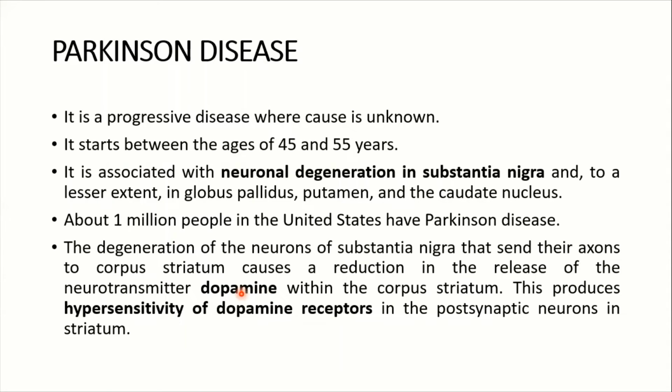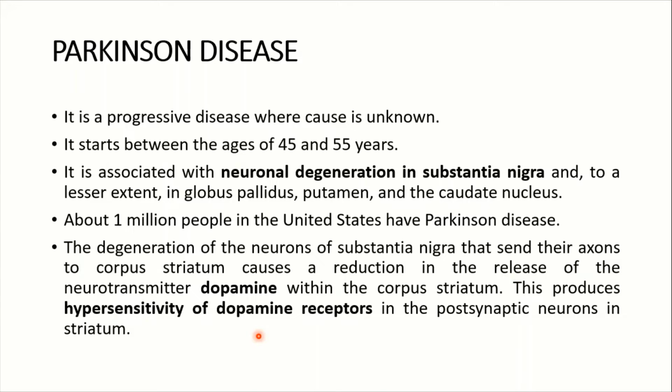So this is decreased, right, within the corpus striatum. This produces hypersensitivity of dopamine receptors in the postsynaptic neurons in striatum. This is very important, this portion, and I discuss it again, that there occurs degeneration of the neurons of the substantia nigra that send their axons to the corpus striatum.